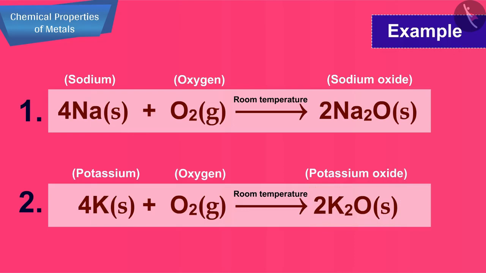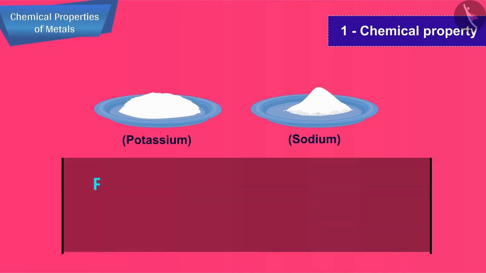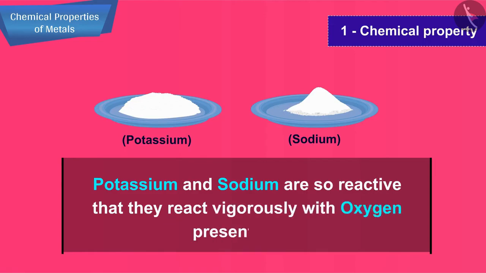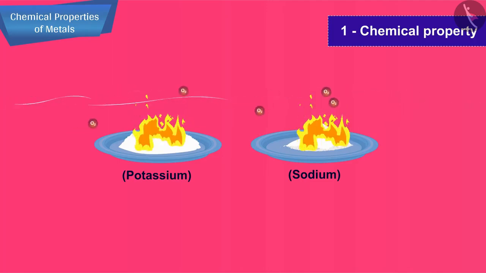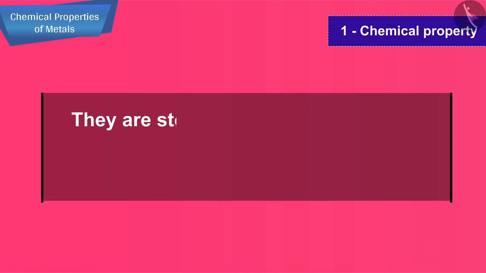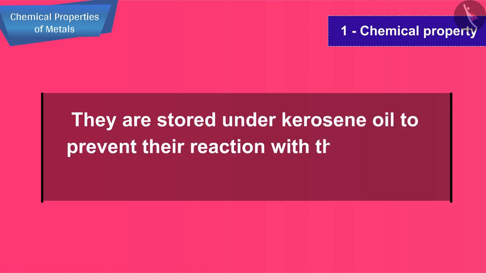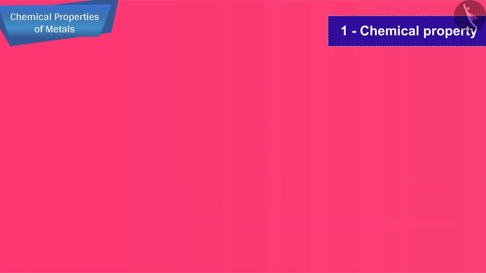There is also an interesting fact about these metals. Potassium and sodium are so reactive that they react vigorously with oxygen present in air. They catch fire and start burning when kept open in the air, and this is the reason why they are stored under kerosene oil to prevent their reaction with the oxygen, moisture and carbon dioxide of air.